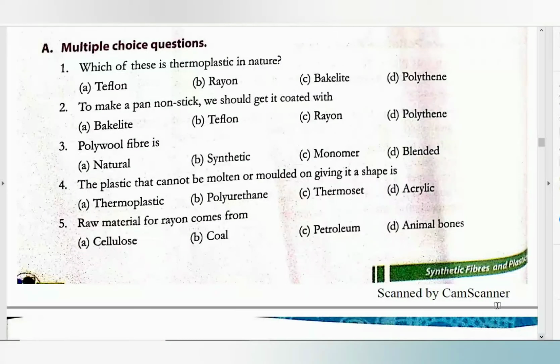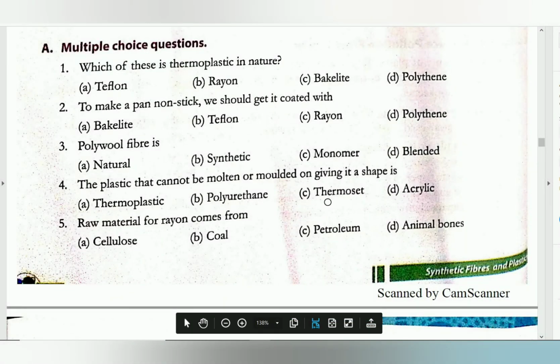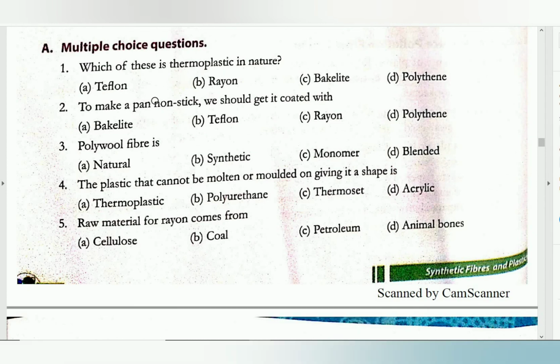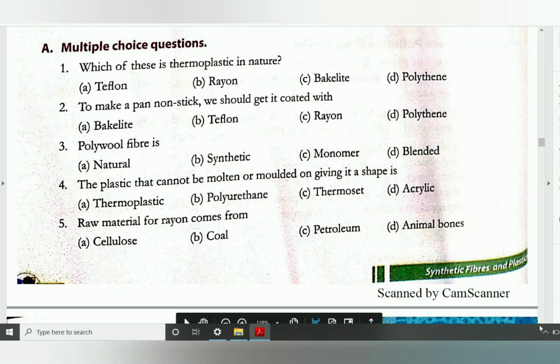this is your homework. Which of these are thermoplastic in nature? To make a pen non-stick, we should get it coated with dash. Polywood fiber is dash. The plastic that cannot be molten or molded on giving it a shape is dash. Raw material for rayon comes from dash.